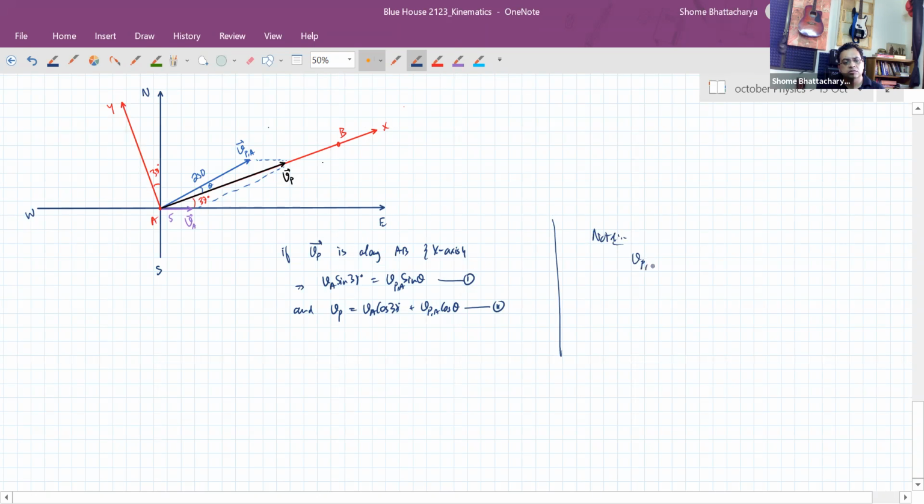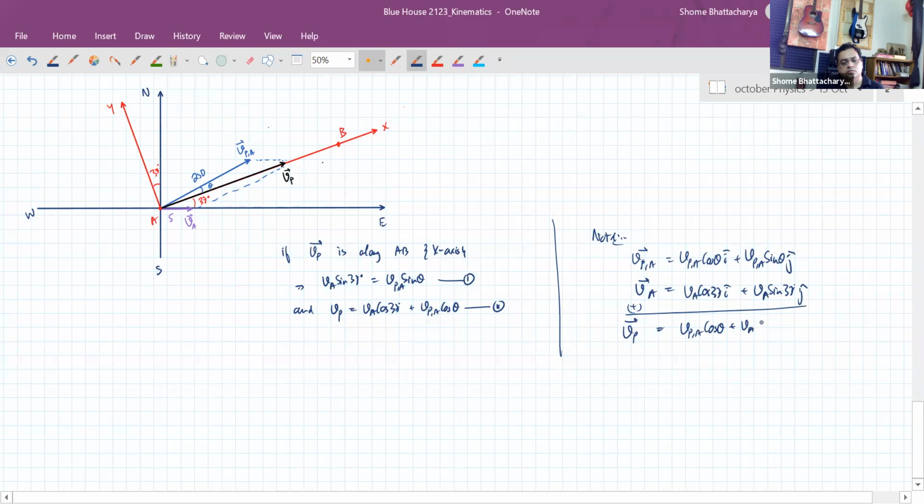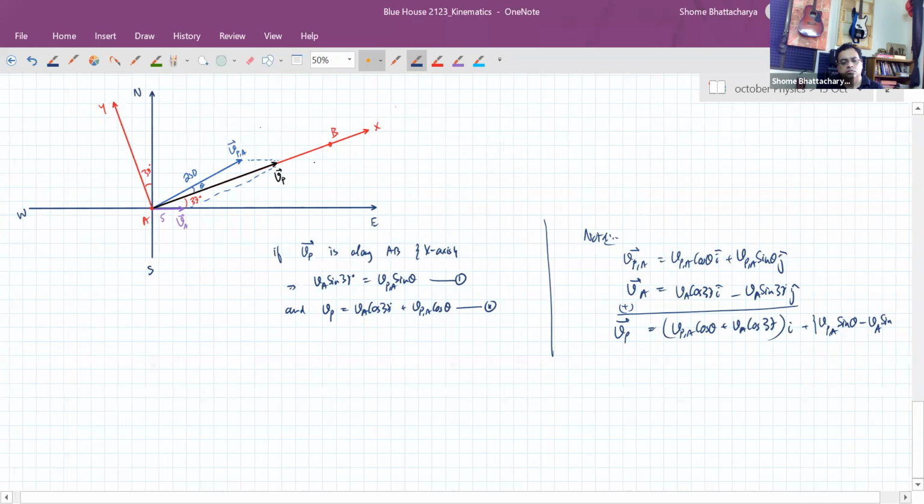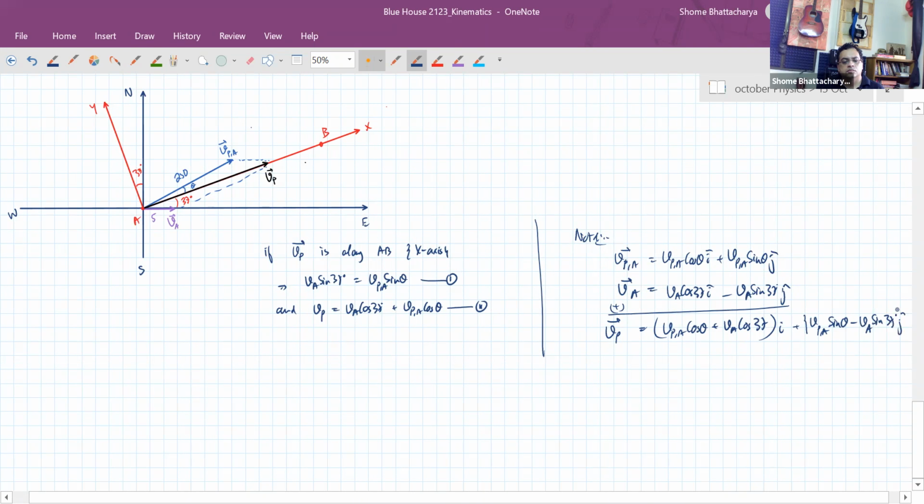If we resolve these vectors, it's an expression like this.